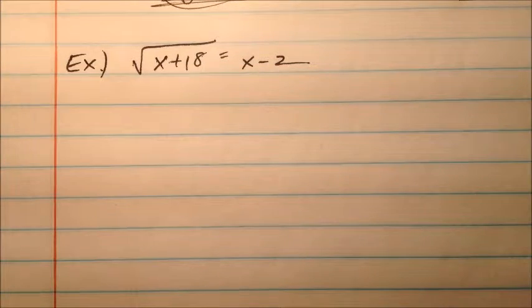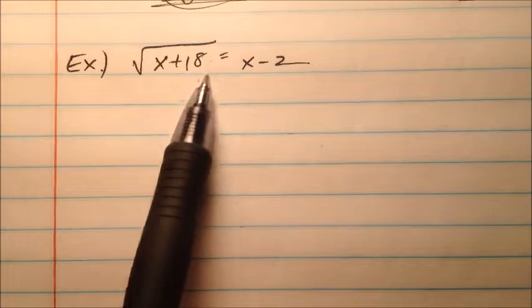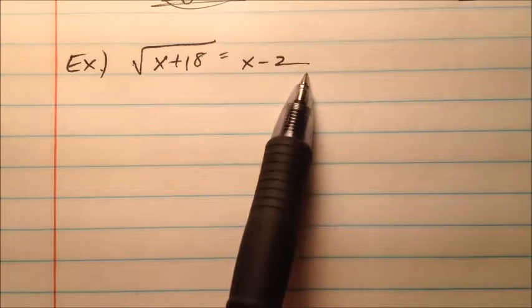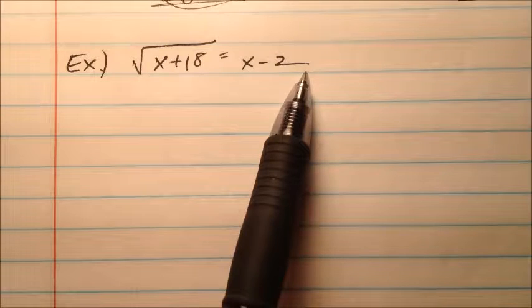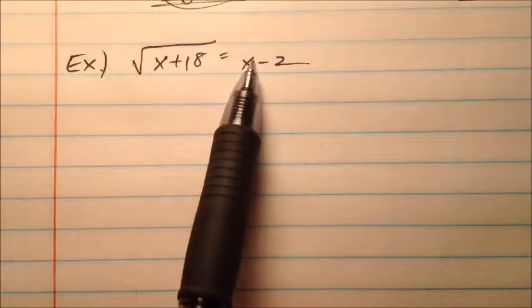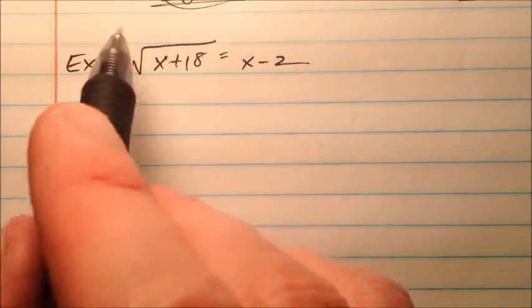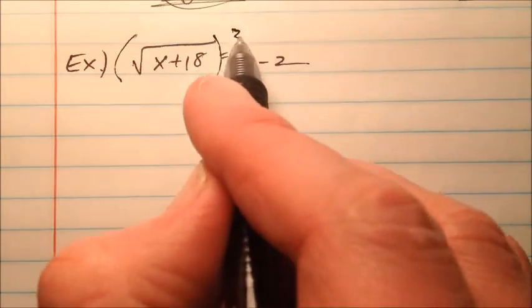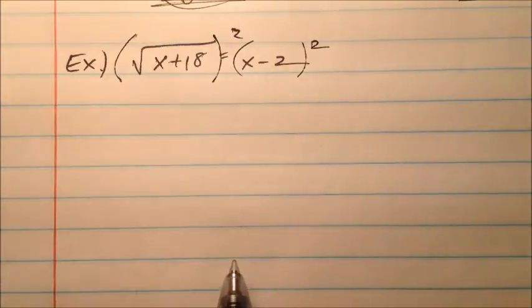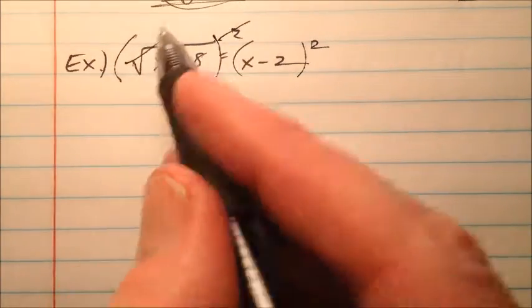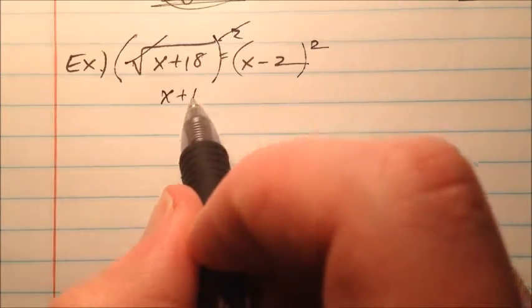In our next example, we have the square root of the quantity x plus 18 equals x minus 2. This looks a little bit like our previous example where there are multiple variables, but x over here is not by itself. It will not, however, affect the way we solve it. We'll start by squaring each side. My square and my square root cancel each other out.